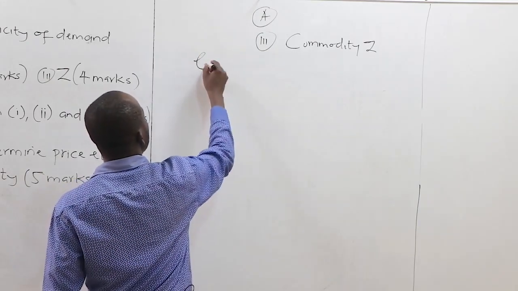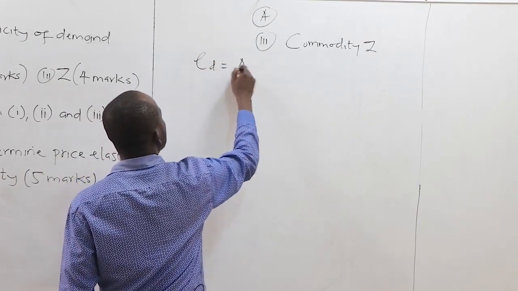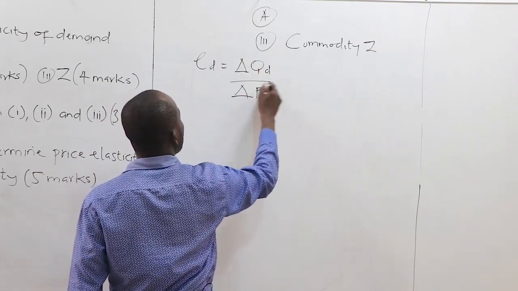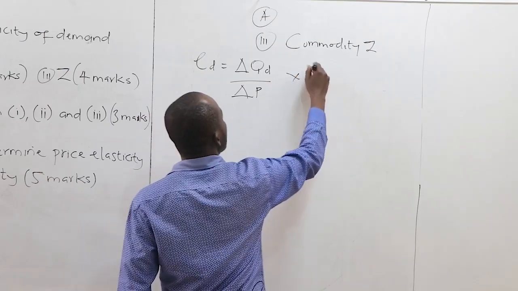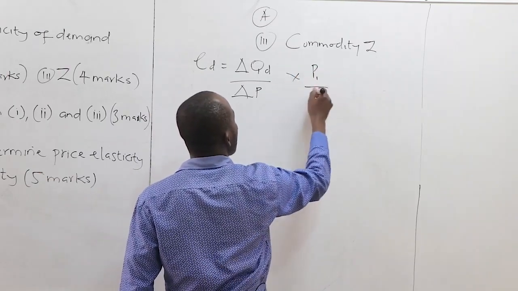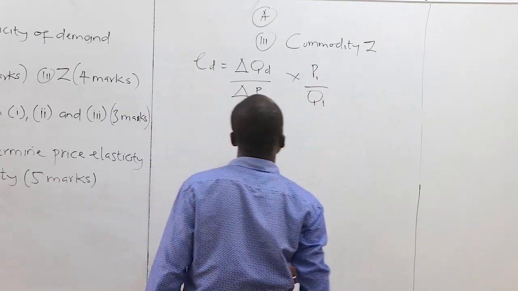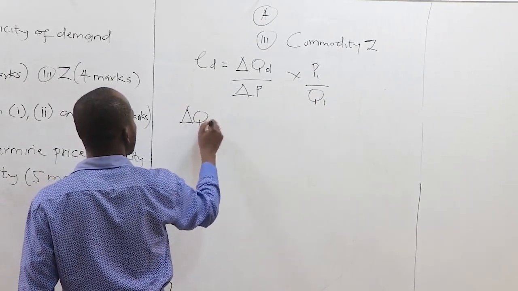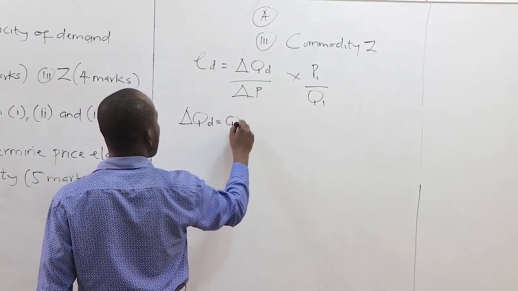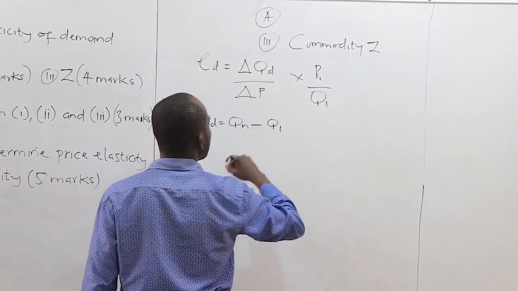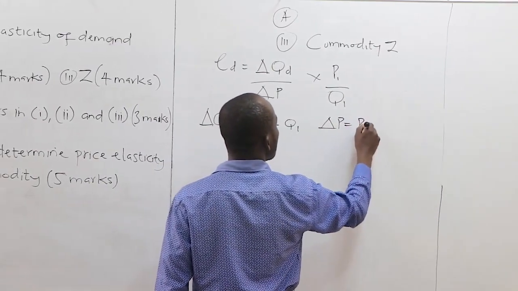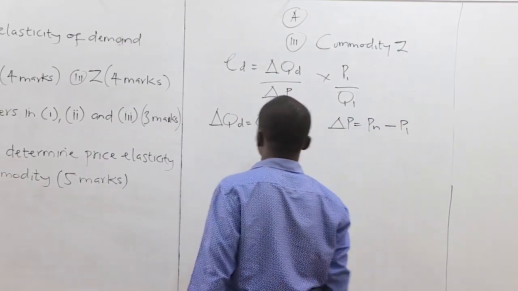Price elasticity of demand is equal to the change in quantity demanded over the change in price, times initial price, times initial quantity. And we know that the change in quantity demanded is the new demand minus the initial, and the change in price is the new minus the initial. So let's go there.